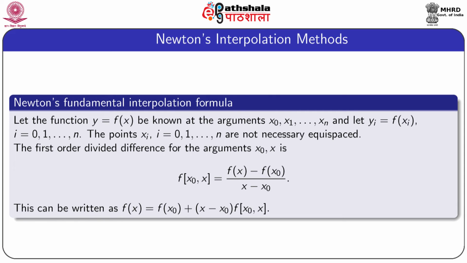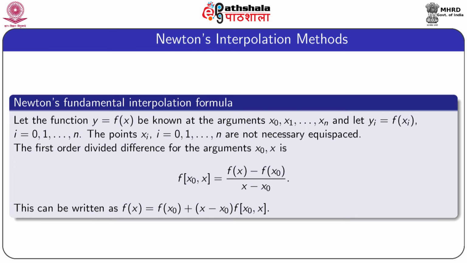This formula is also known as the Newton divided difference interpolation formula. In this case also we assume that the arguments x0, x1, ..., xn are given, and we assume that yi equals f of xi for all i, and it is important to mention that in this formula the arguments are not necessarily equispaced.